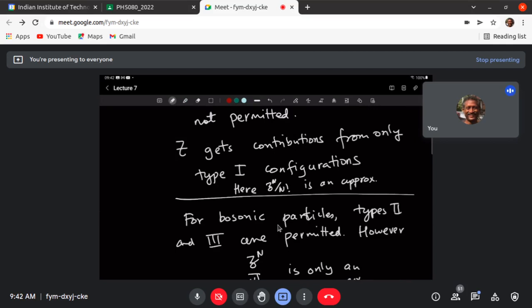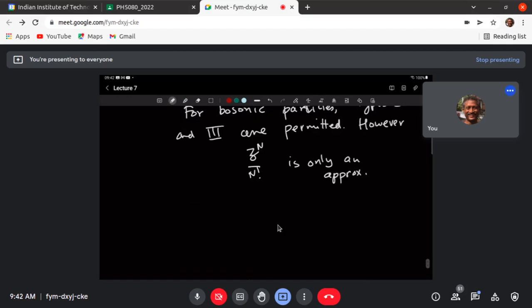Okay, so for both of them this Z power n by n factorial is an approximation, but what we will find is that some parts of the physics is gotten right by just dividing by this n factorial, and this is a semi-classical value. Okay, so I'll pause here so that you can ask questions or comments, and then we'll take it from there.